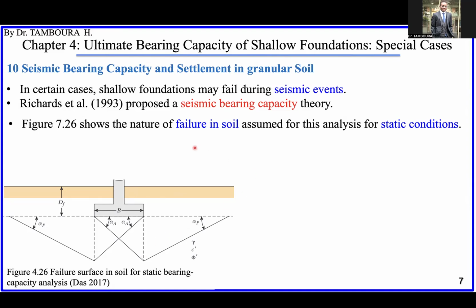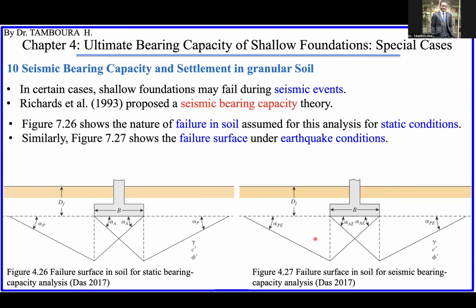So this one is showing the mechanism in the case of a static condition. Okay, and this one is showing the failure mechanism in the case of earthquake, like a dynamic condition.